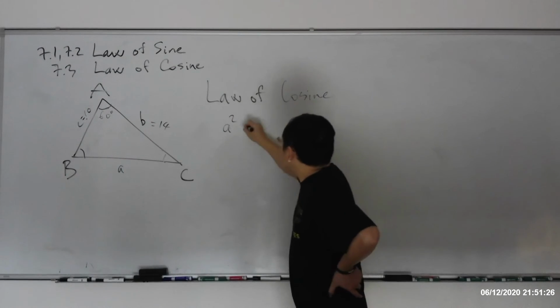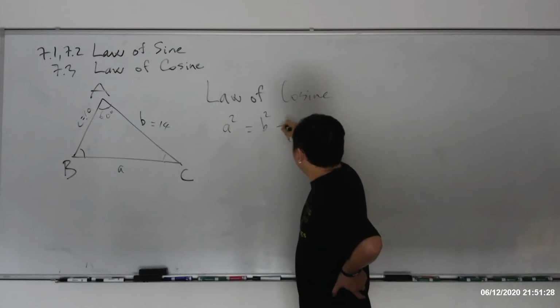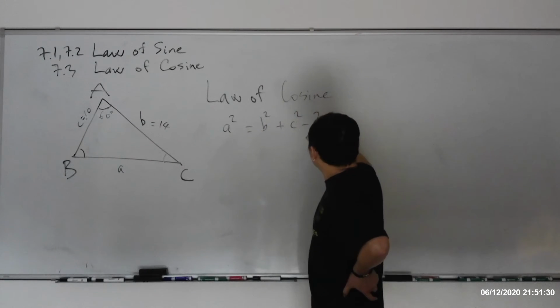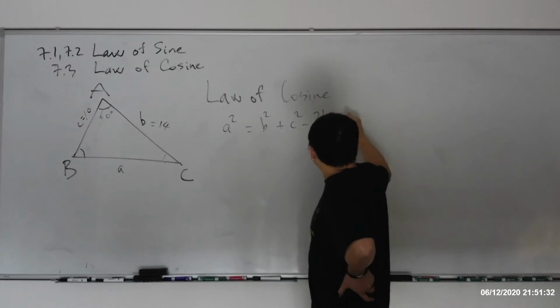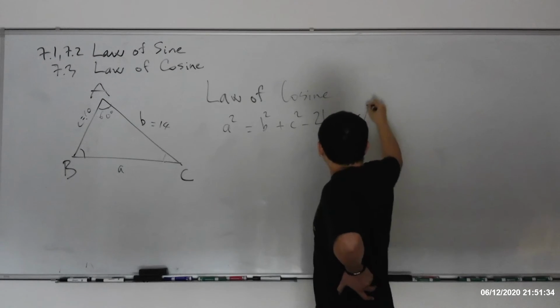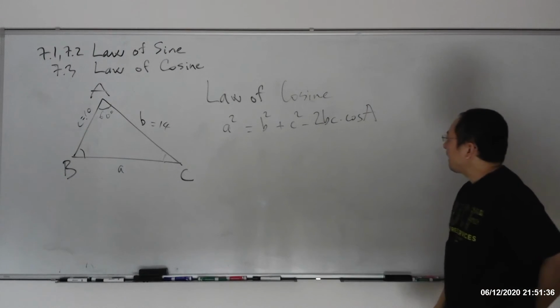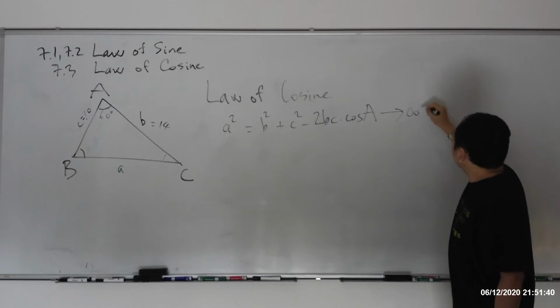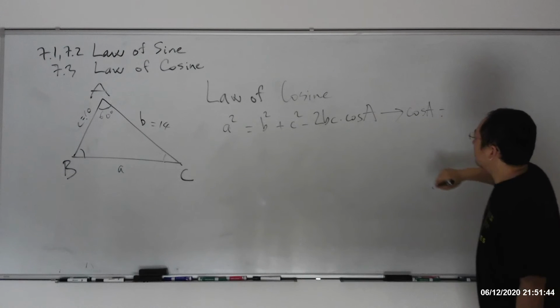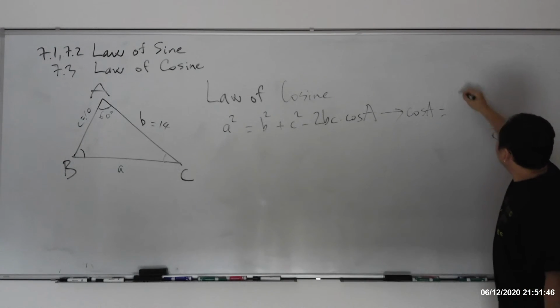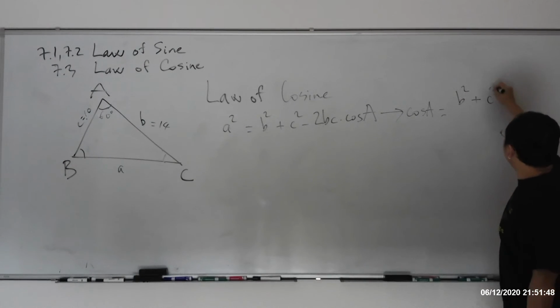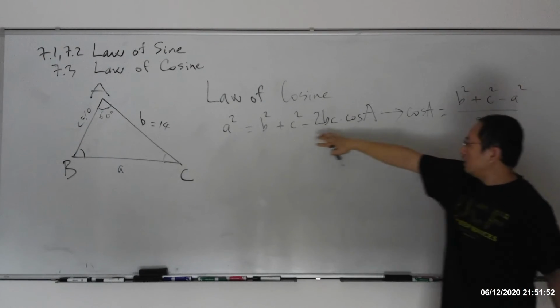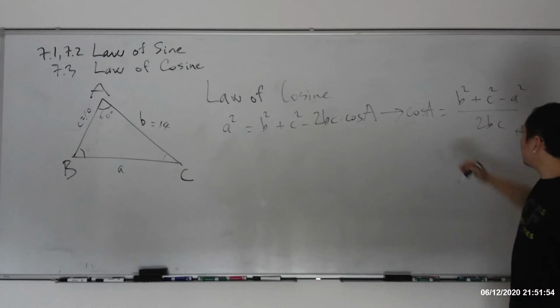A squared is going to be equal to B squared plus C squared minus 2BC times cosine of the angle A. And from here, if you want to solve for cosine, it is equivalent to this: cosine of A is equal to B squared plus C squared minus A squared over 2BC. So either you can know this formula or that formula, it's the same thing.